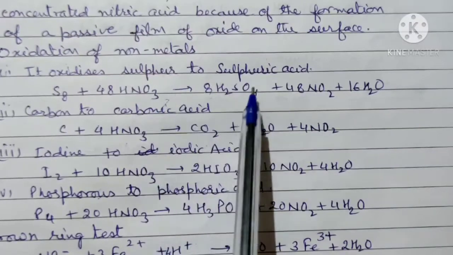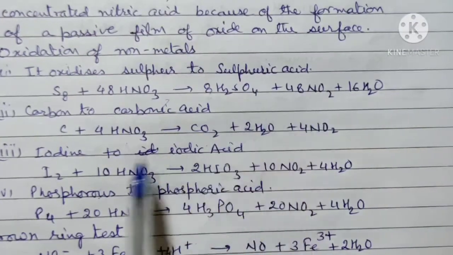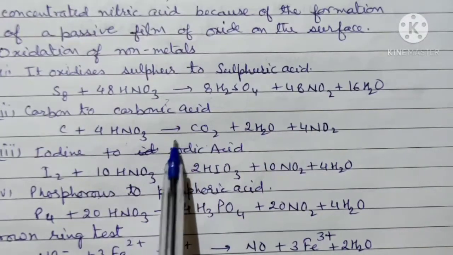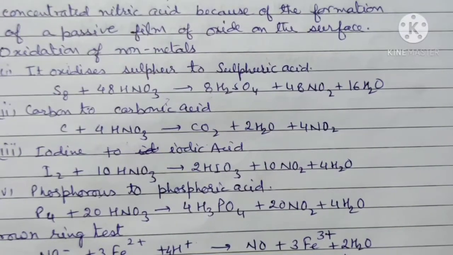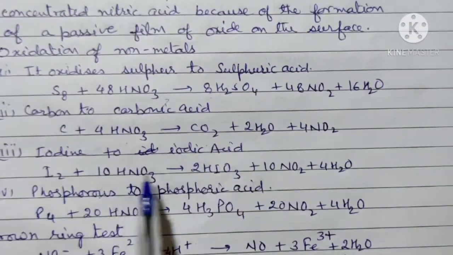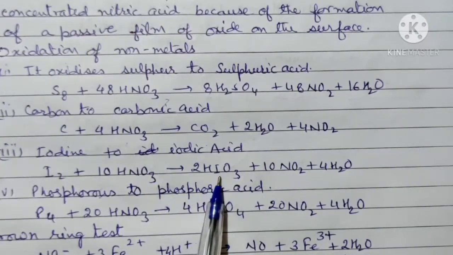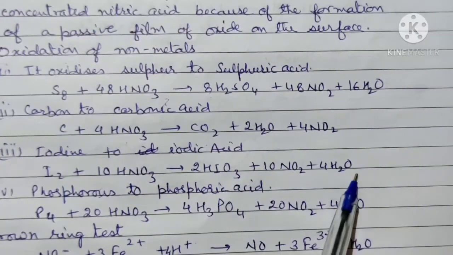So sulfur is oxidized to sulfuric acid and it gives nitrogen dioxide. Carbon is oxidized to carbon dioxide and then carbon dioxide dissolves in water to form carbonic acid. Iodine is oxidized with nitric acid to form iodic acid, nitrogen dioxide and water.